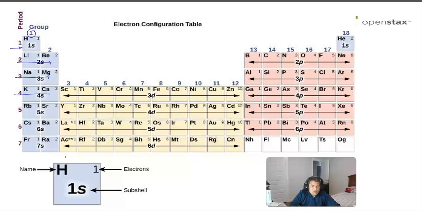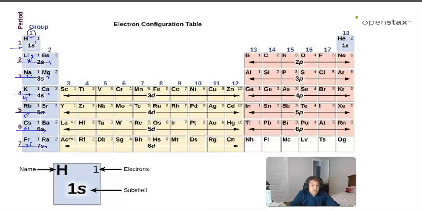These two are 2s, these three are 3s, these will be 4s, this will be 5s, these three will be 6s, these two will be 7s. Means that these guys have 1 electron. So this has 1s1, this has 2s1, this has 3s1, this has 4s1, this has 5s1, this, Cs, has 6s1, francium has 7s1.